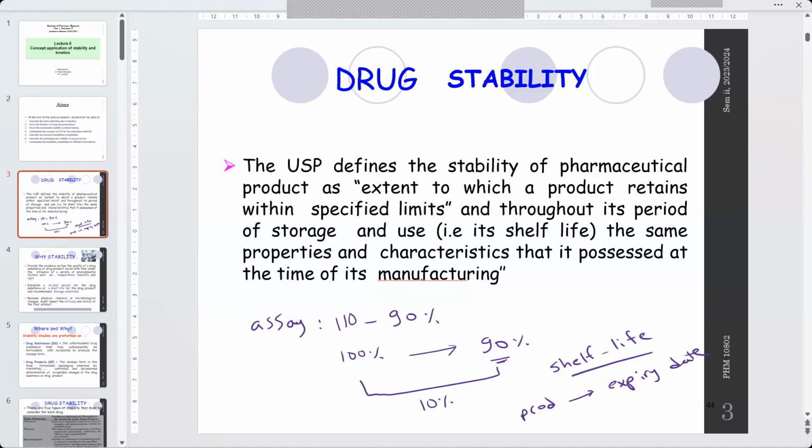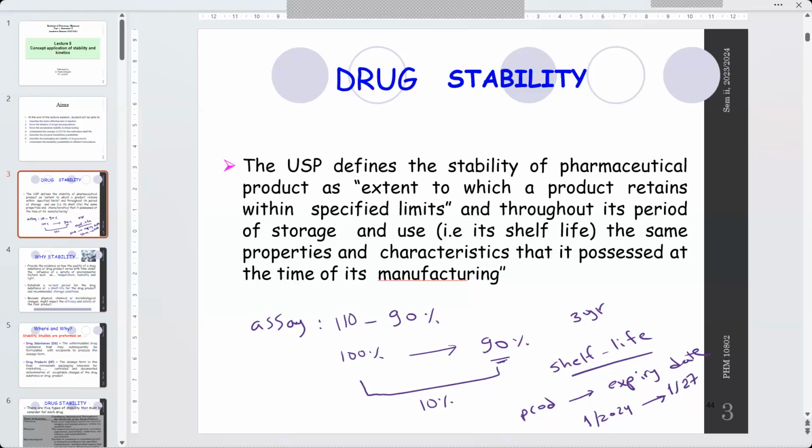So if we determine that the drug will take about, say, 3 years for the assay to decline to 90%, and we consider this as the shelf life, then if a drug is produced in January 2024, then the expiry date should be how long? 3 years means it should expire in January 27.